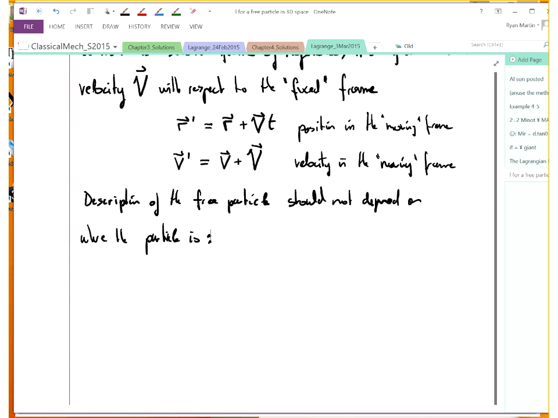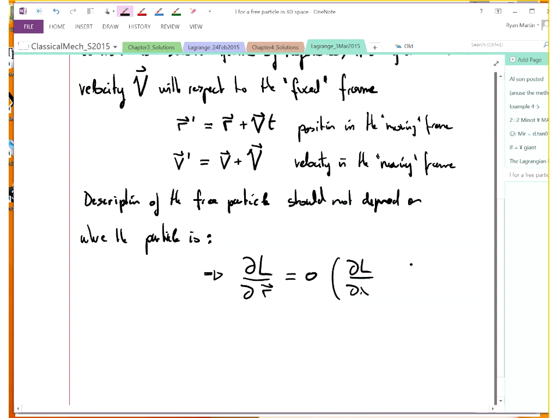So remember, Hamilton's principle says that there exists this function L, this magical function L, that will give us a description of the particle. And so for a free particle, that description can't depend on where the particle is in space. So there's a constraint on this function L, that it can't depend on position. So ∂L/∂r, the position vector, should be 0. L should not depend on position.